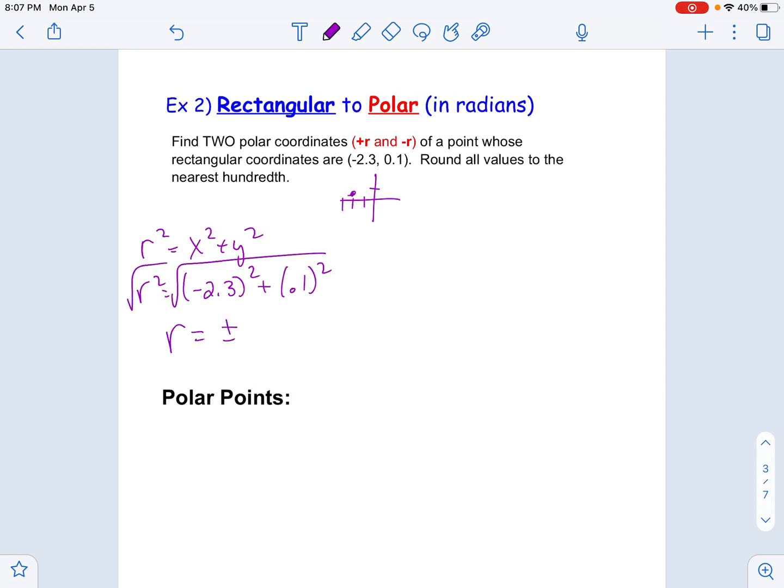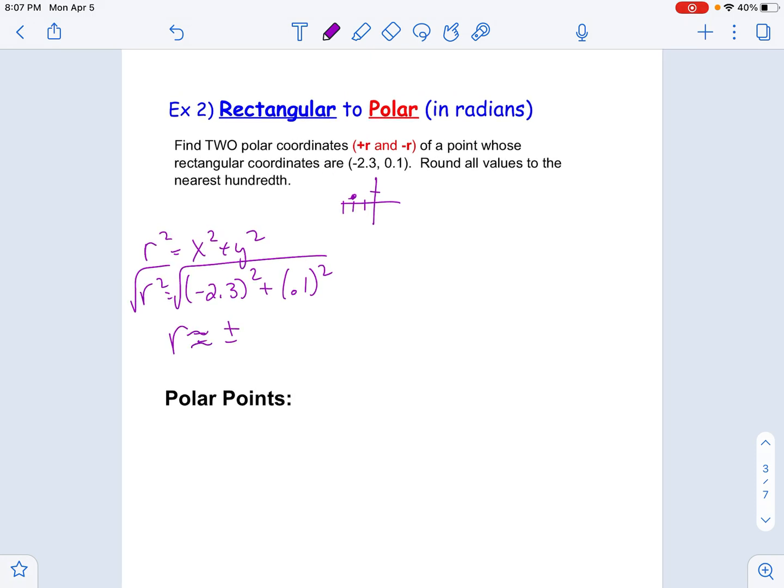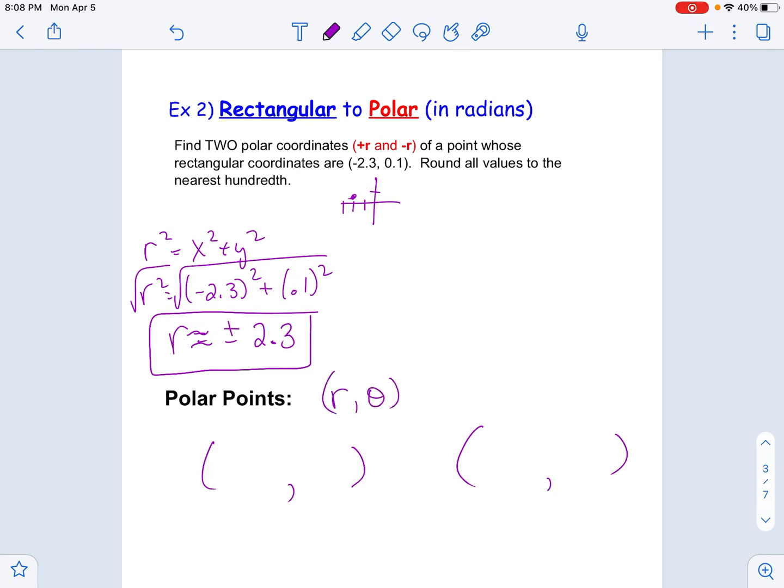So I know that r has to be approximately equal to, because it's not a perfect square root, plus or minus 2.3. So I know those are my r values. One of my points is going to have a positive 2.3, and my other point has to have an r value of negative 2.3. And remember, it always goes r comma theta, so the r value has to go first.